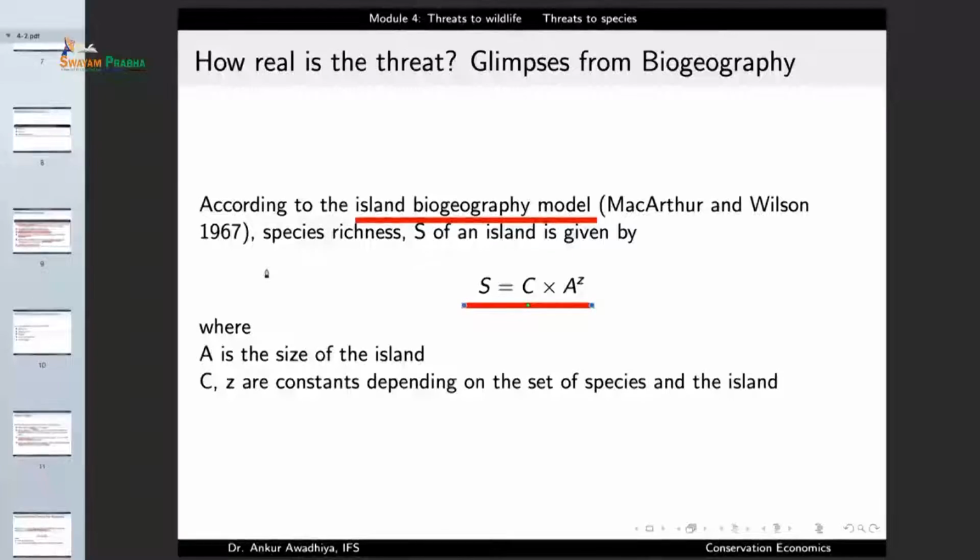Now, the richness of the species in this island will be dependent on the area of the island, but it is not directly proportional. It is proportional to some power of the area, and we call that as z. So we can write it as S is equal to C into A to the power Z, where C and Z are constants.